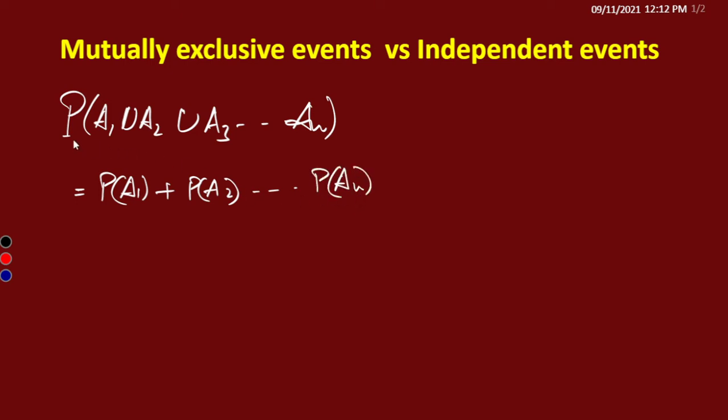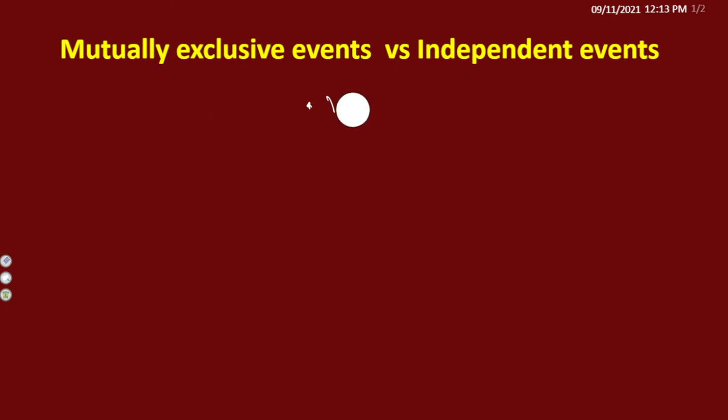Since they are disjoint, the total set of elements in the union is the same as the total sum of individual elements. So this basically is mutually exclusive events, whereas statistically independent events have a different understanding altogether and are often confused with mutually exclusive.